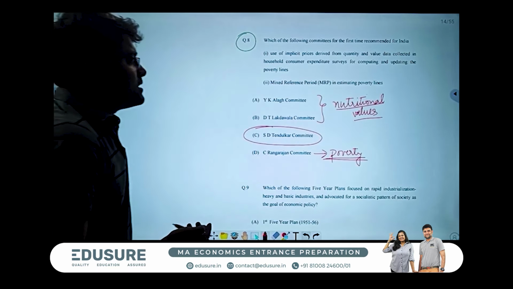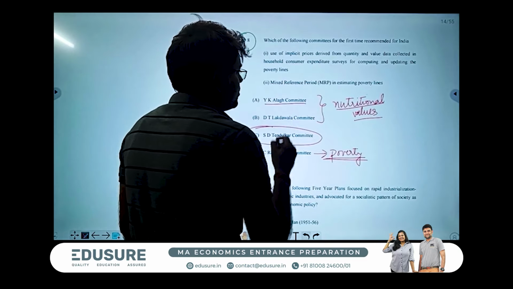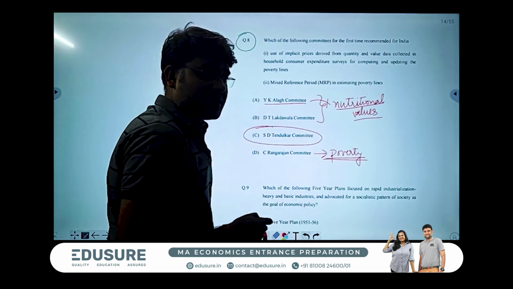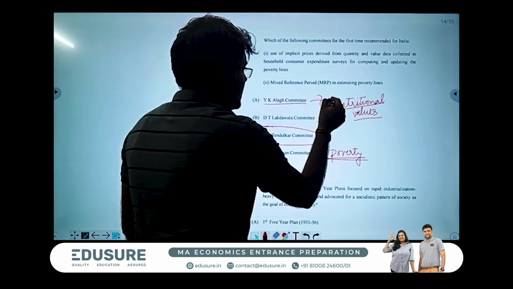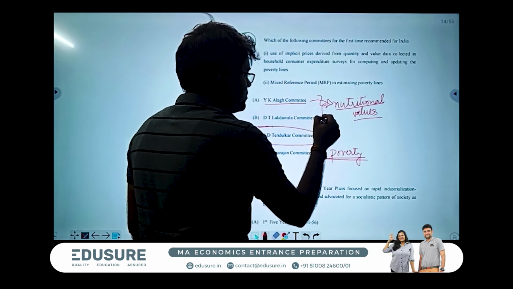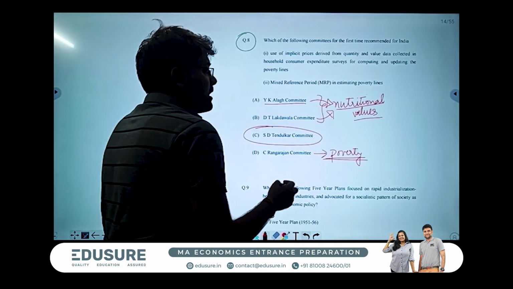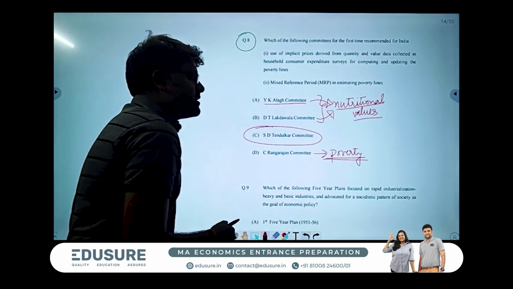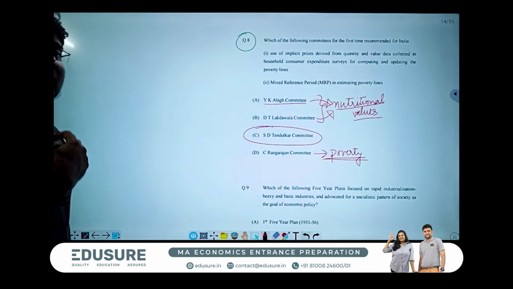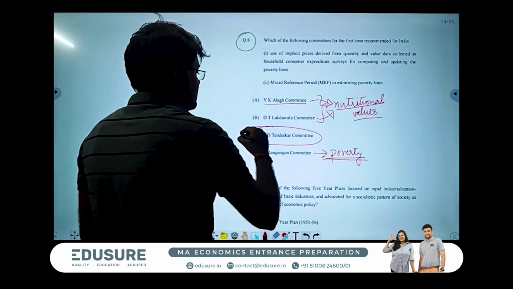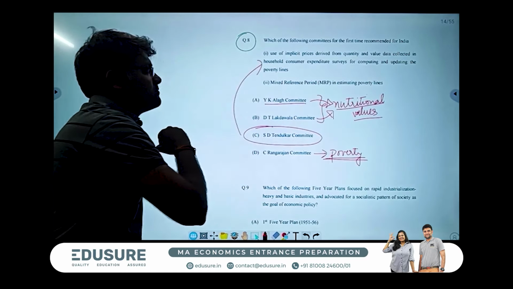Okay, this Alag committee was on the nutritional values in some other method, and the Lakdawala committee came into the nutritional values in terms of the amount of calories that each household is intaking. Okay. The Tendulkar committee dealt with what was in the question.